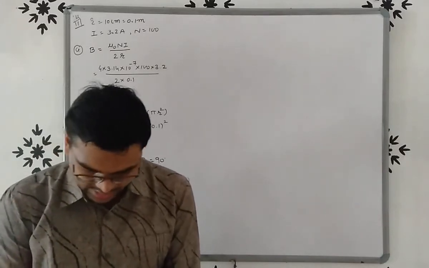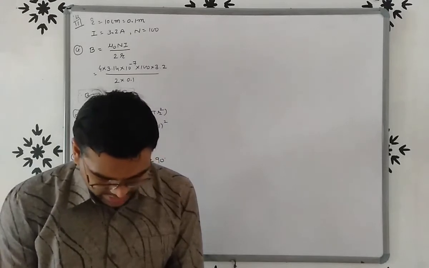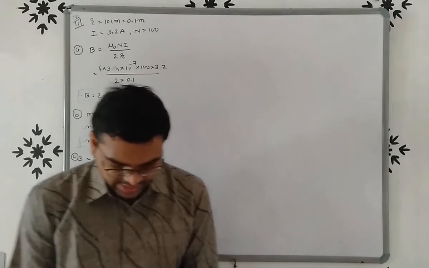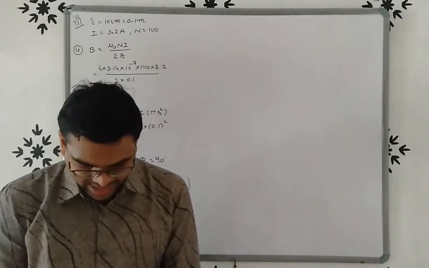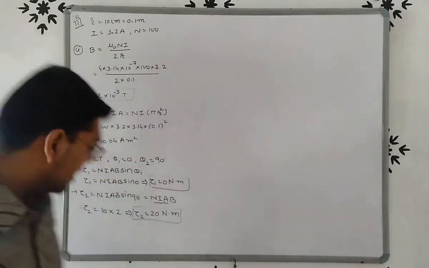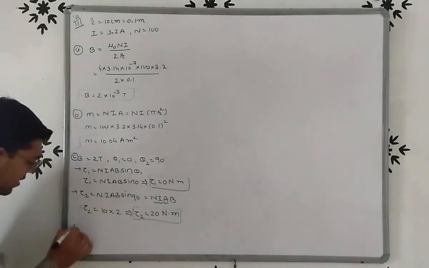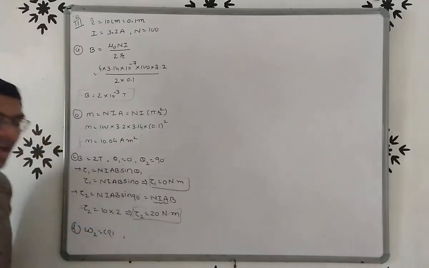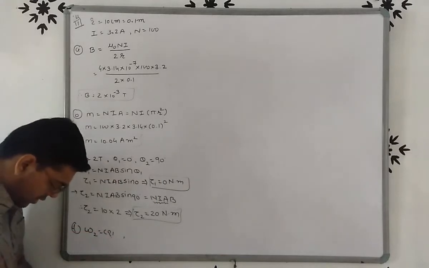the fourth part is D. What is the angular speed acquired by the coil when it is rotated by angle 90 degree? The moment of inertia of the coil is 0.1 kilogram into meter square. So here we have to find out the angular speed at angle theta 2, so omega 2 we have to find out.